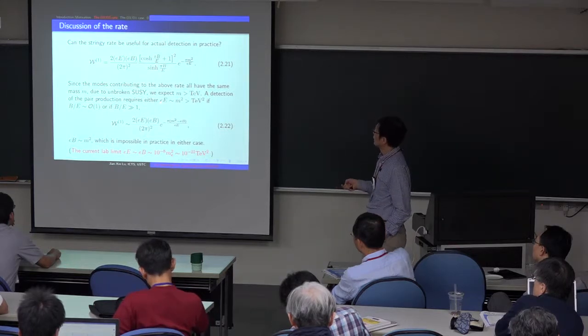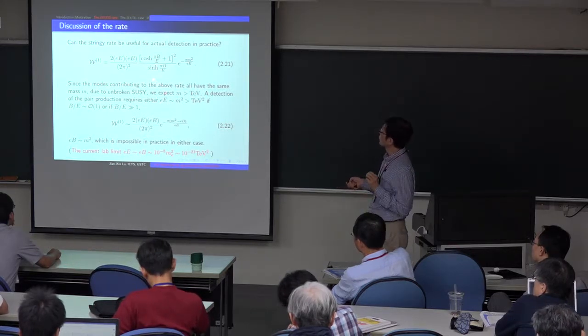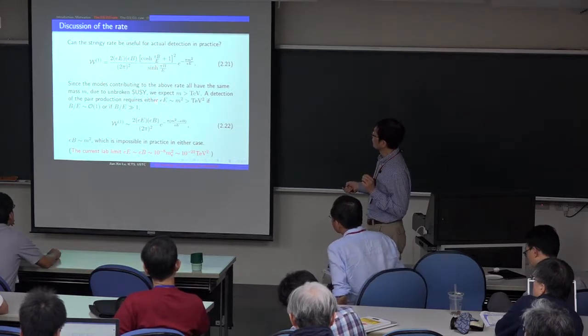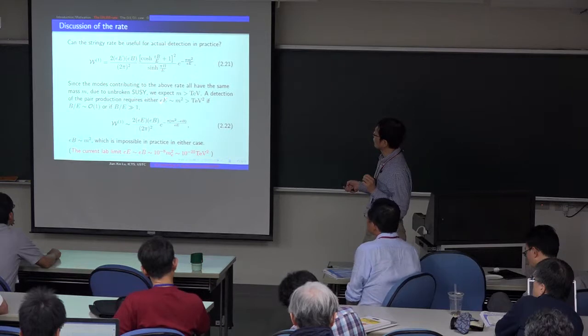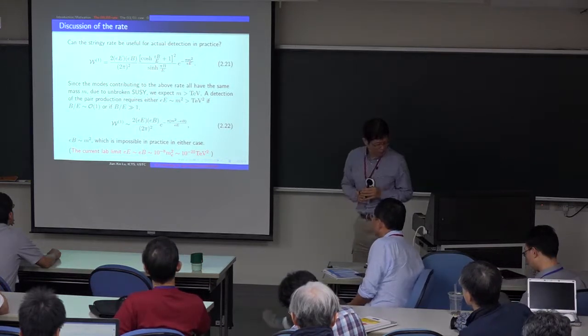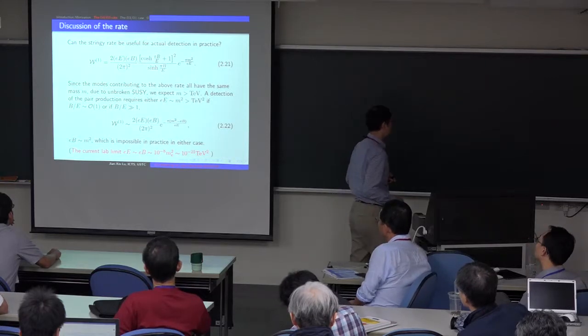So in order to detect the pair production in the electric field, the charge times the electric field should be of order this m squared. Now this is actually easy to understand.